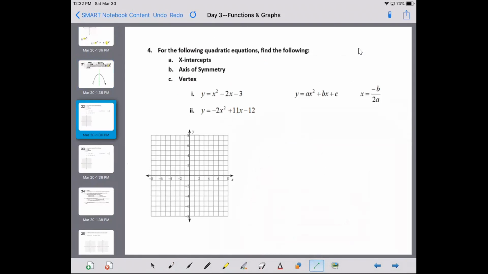All right, so this first one, we want to look at how we can find the intercepts. We want to look at how to find the axis of symmetry. So we're not going to worry about this one right now. We're going to look at this first one, x squared minus 2x minus 3. In order to find the x-intercept, you're basically factoring it if you can.